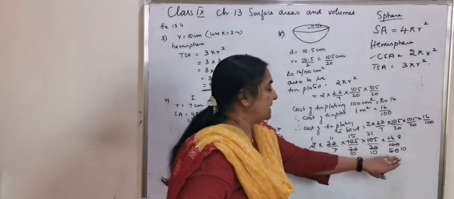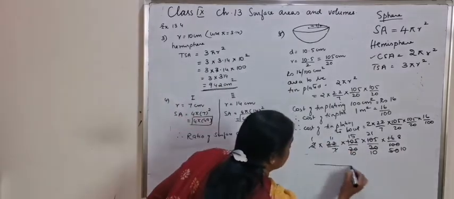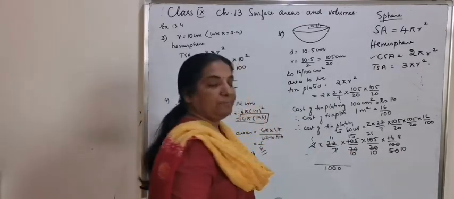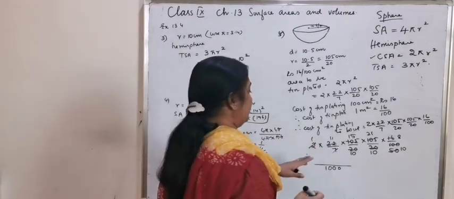So that this 10, 10, 10 will be retained as 1000 for division purpose. The numerator I will multiply.